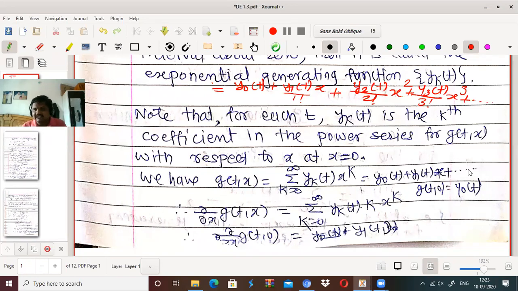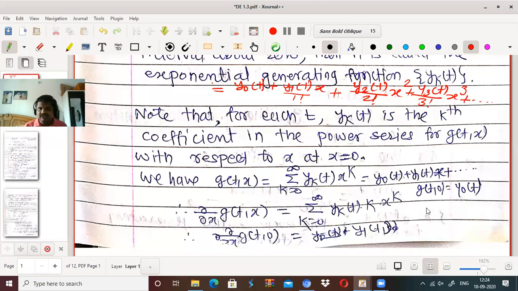In the second term, y2t into x square, x square becomes 0, so that term is also 0. x cube, x raised to 4, x raised to 10, x raised to 100, whatever power there is, every term becomes 0, and therefore g at t comma 0 equals y0t.